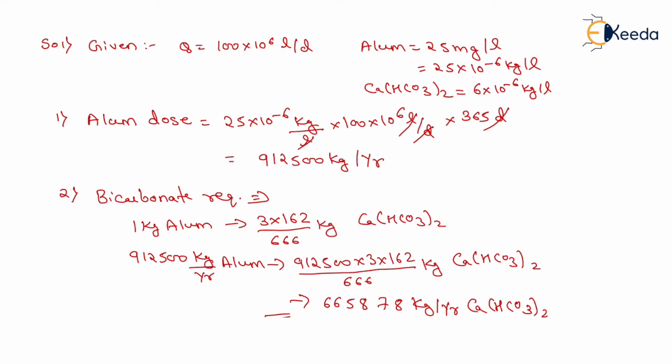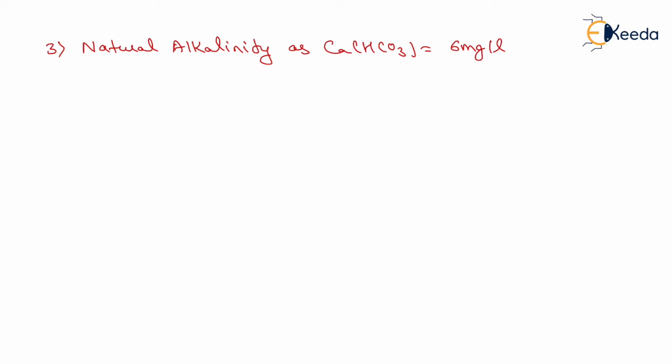for which we want to calculate the natural alkalinity, or natural bicarbonate, that will be present in that water. Okay, now we need to calculate the natural alkalinity as calcium bicarbonate. Its dose is given as 6 milligram per liter. We want the calculation on a per year basis, that is natural alkalinity for 1 year.